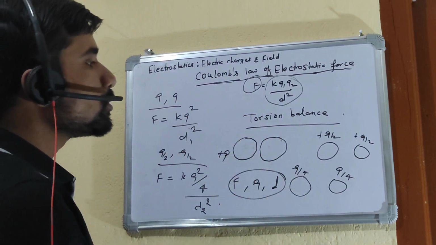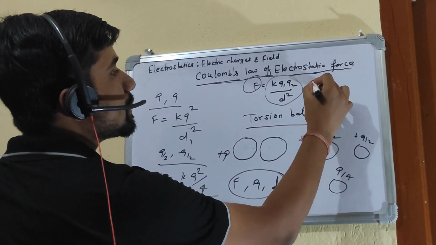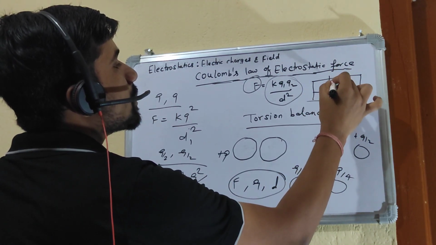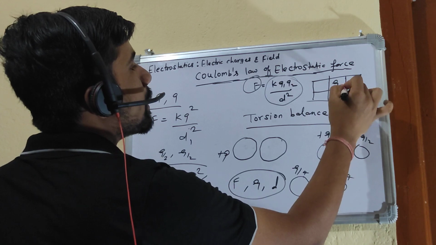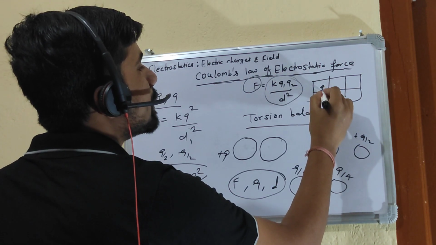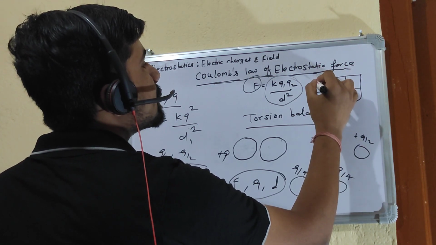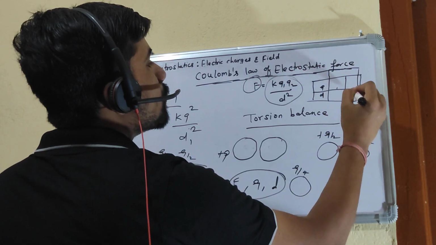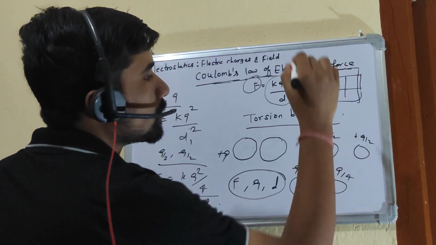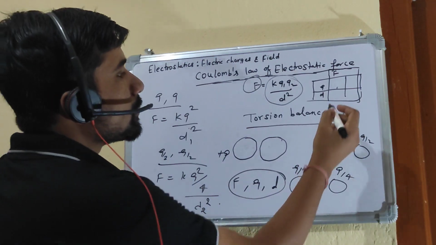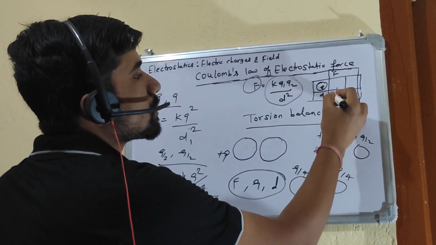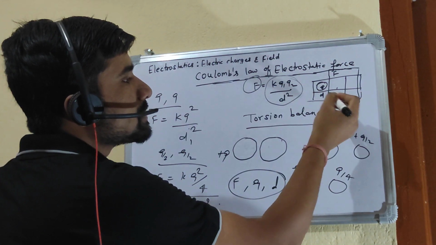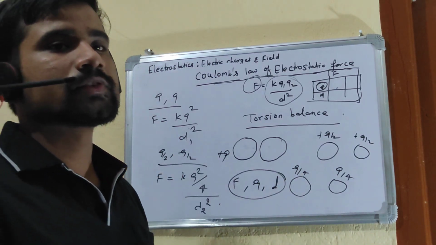So based on the tabulation, let's say there is a tabulation between q, d, and the force. When q was kept the same and the distance was varied, the force would have a specific magnitude.